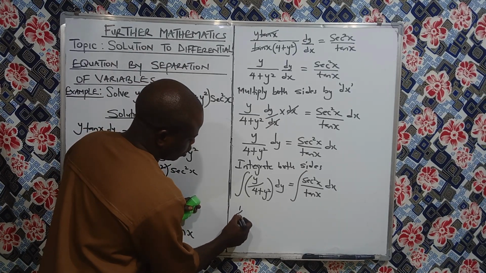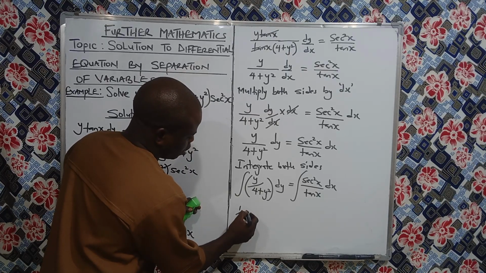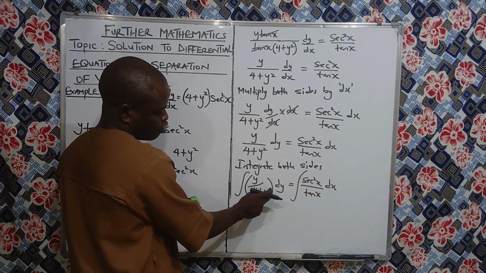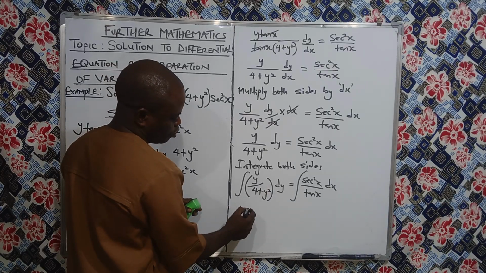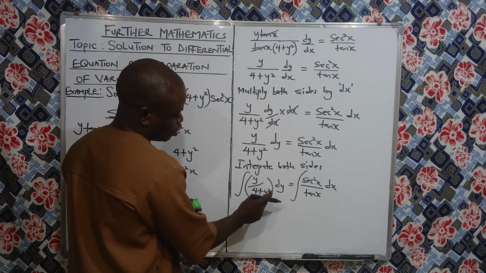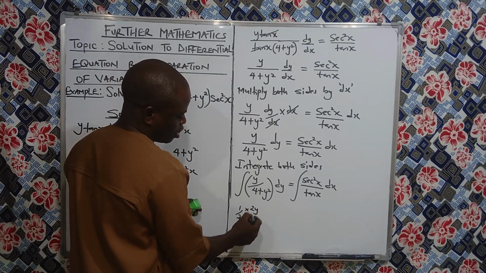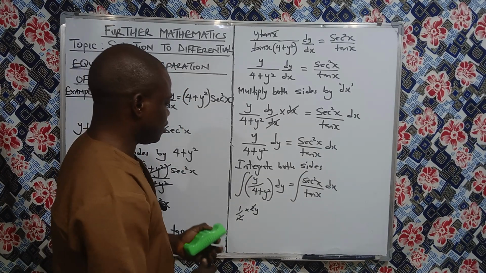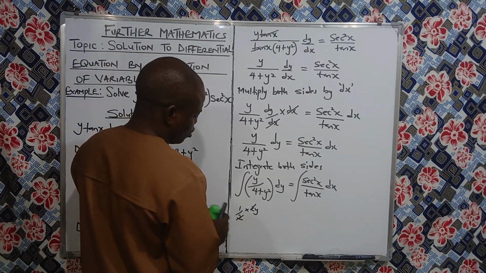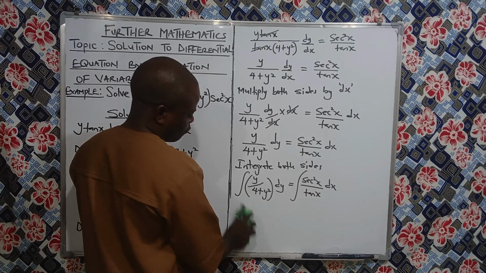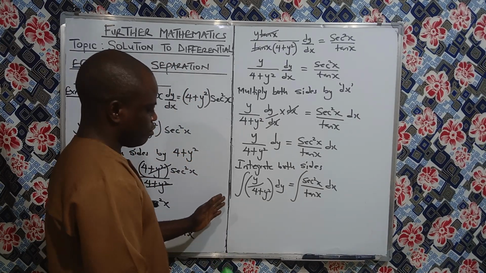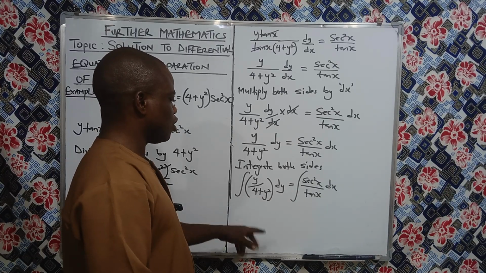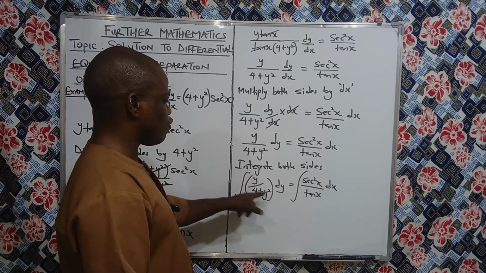When you differentiate y squared, it will give you 2y, which will cancel out to give you your y. That means you have to introduce half. When you write ln of 4 plus y squared, you get the integral of y over 4 plus y squared.